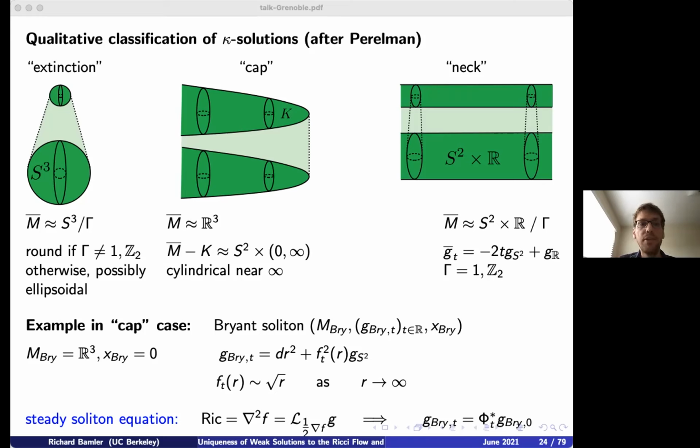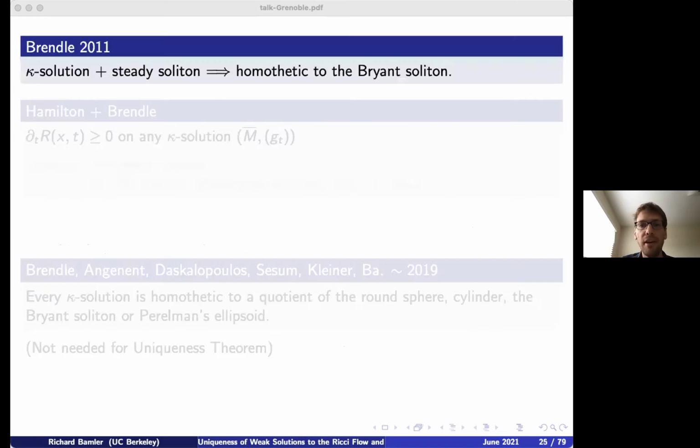All right. So this is somehow Perelman's qualitative classification of kappa solutions, and for all of his applications, this turned out to be enough. But after Perelman's work, there have been some developments and some efforts in classifying these kappa solutions even further.